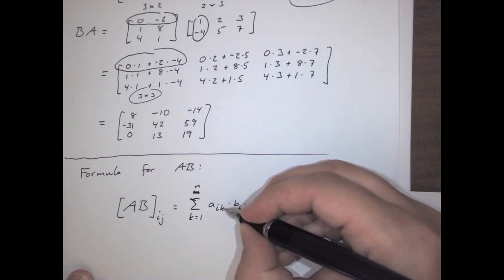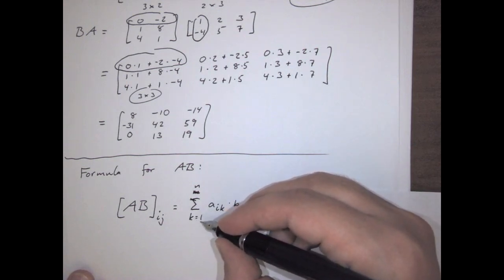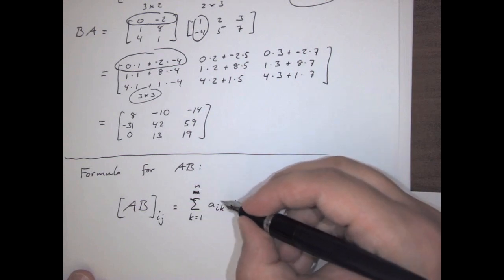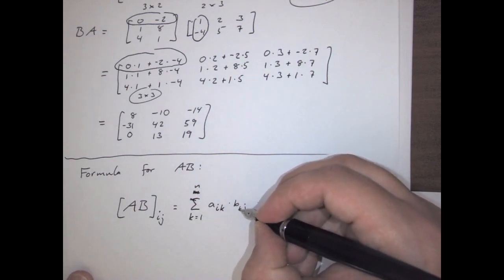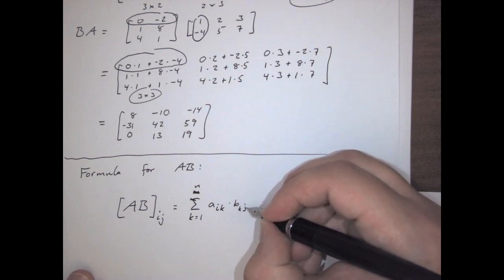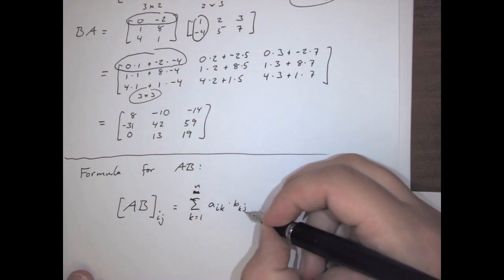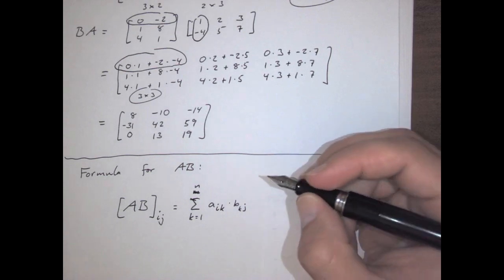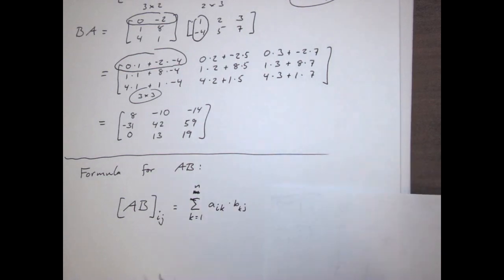The entry for A for a column is the part that's changing as we sum from 1 to n, and then times the B, which is going to be the kth row, so again, that's the index that's changing, and then the J is fixed, so the column is always staying the same.